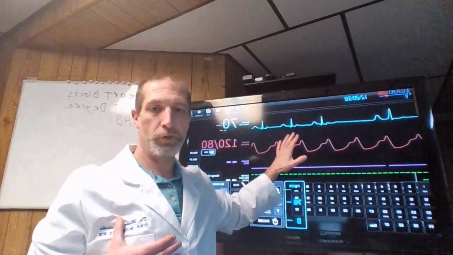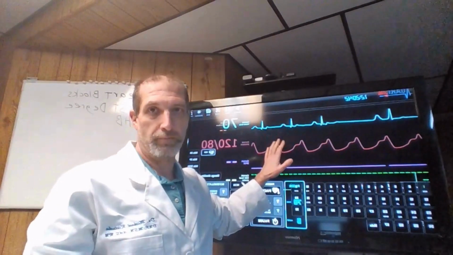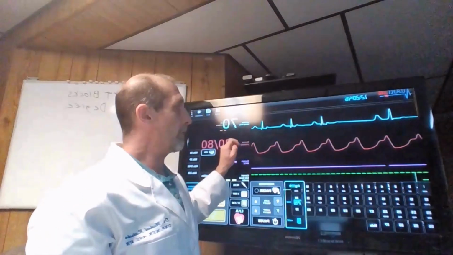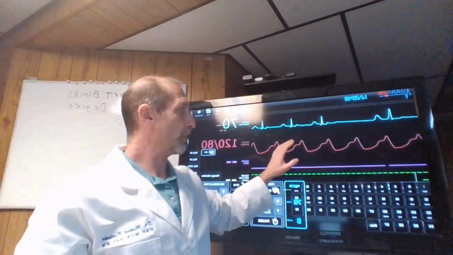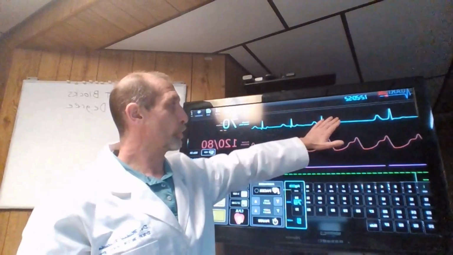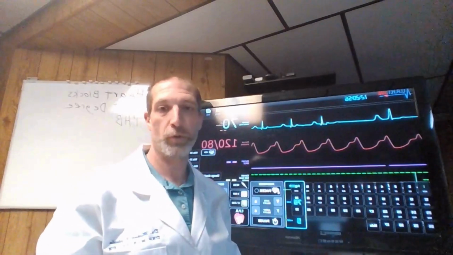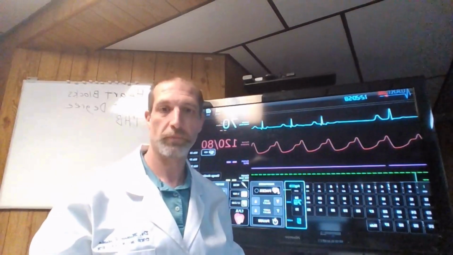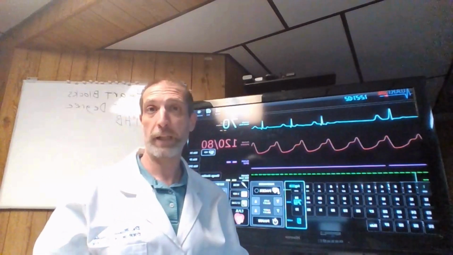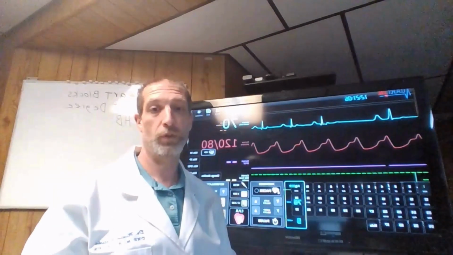Typically, a first degree heart block is benign. Typically. If you have a patient that was a normal sinus and then all of a sudden shows up as being a first degree heart block, obviously the first thing we're going to do is go check our patient. We want to make sure that they're asymptomatic. If they're showing signs and symptoms, then we're going to have to treat that.